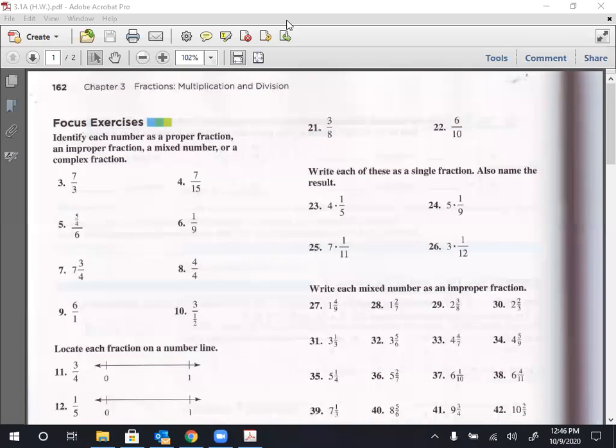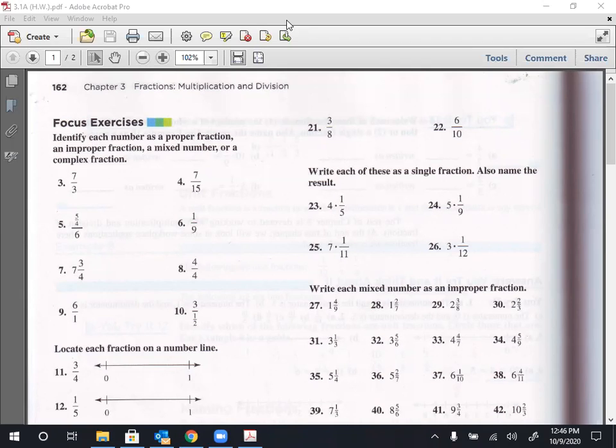What do you see? It's number 10 or number 7? Not number 10, but that was a good guess. It's actually number 7. Number 7 is a mixed number because it has a whole number and a fraction.